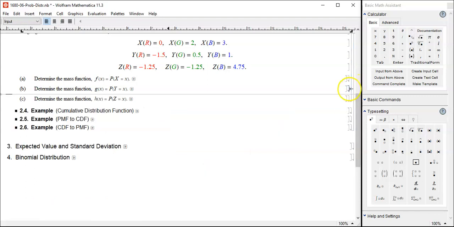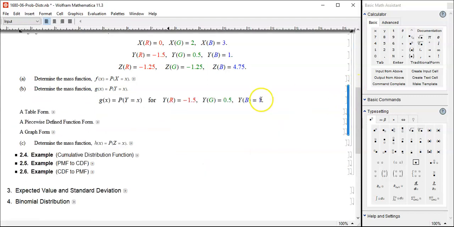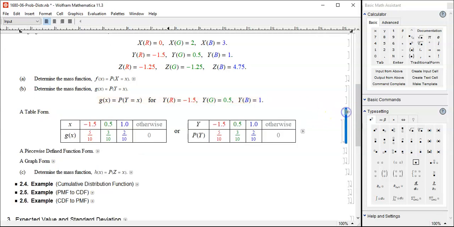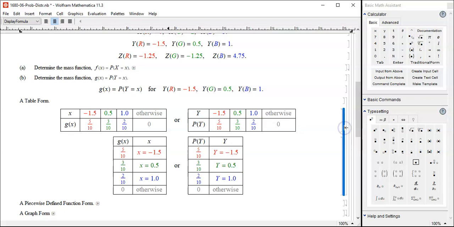Let's go to the answer key here. The table form is the same thing you saw before, possible payoffs and the probabilities, either horizontally or vertically. Whether you use x, g of x, or random variable and probability of that random variable here, it doesn't matter too much. I'm not going to take off a humongous amount of points here for missing this part, if at all.